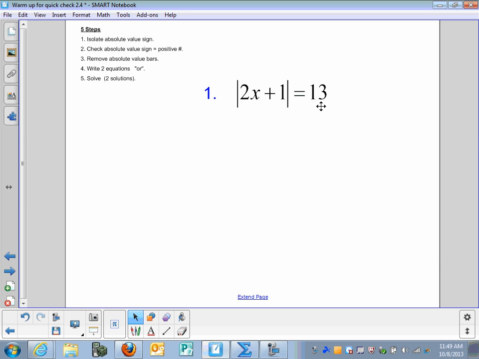We can move to step 3, which is remove the absolute value bars. So that's what we're going to do when we do step 4. We're going to write two equations and use the word or between them. So 2x plus 1 is equal to 13, or whatever's inside this absolute value sign, 2x plus 1, can equal a negative 13.